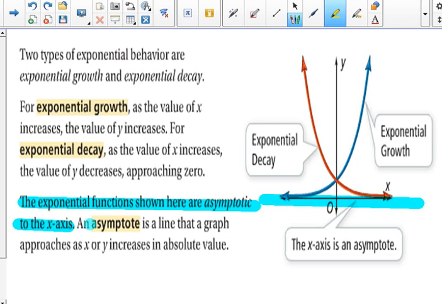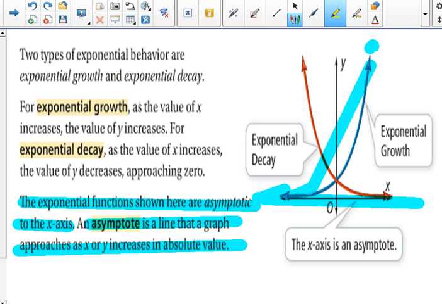So an asymptote is a line that a graph approaches as x or y increases in absolute value. Just know it means it's going to get really, really close to that axis. It's going to get as close as possible as you approach infinity, and we'll talk about this in tomorrow's lesson. But it's never going to touch the axis that it's asymptotic to, which here is the x-axis.